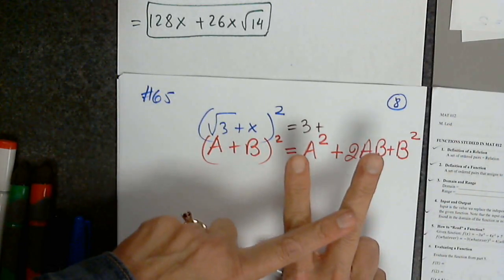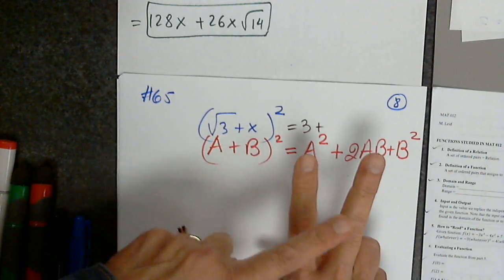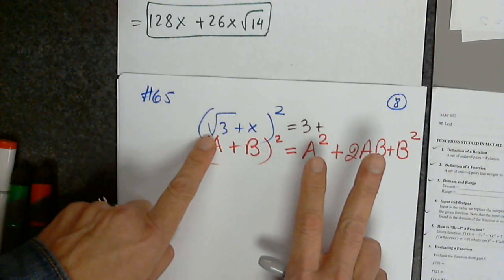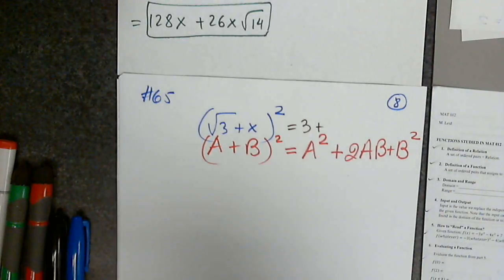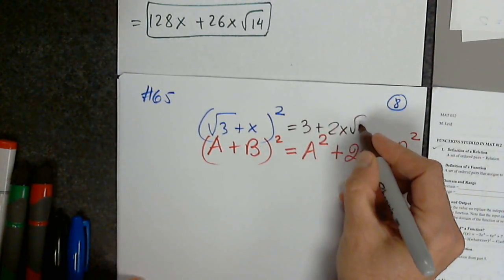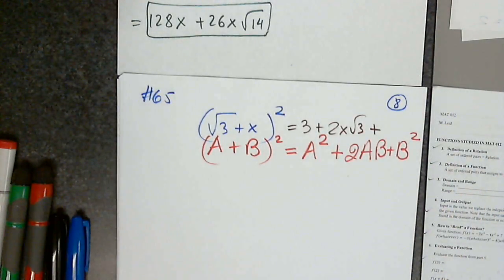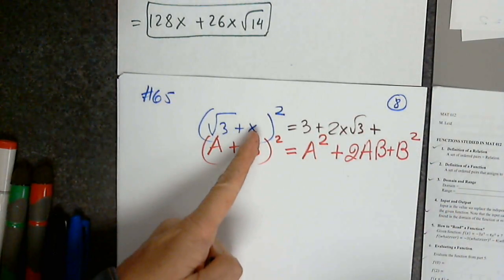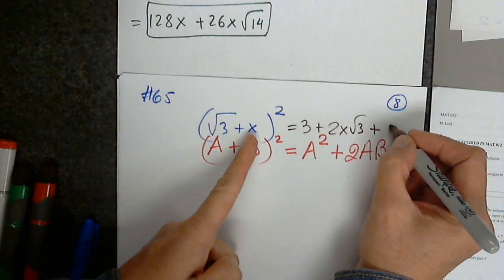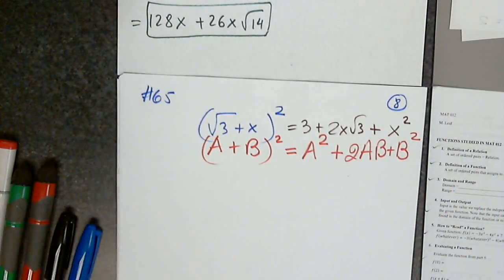Because 2 doesn't have a square root, x doesn't have a square root, so these have to be outside, and then the radical. So what will be the next term then? 2x the square root of 3 plus, finally, the second term squared. That's it. No one can simplify this.